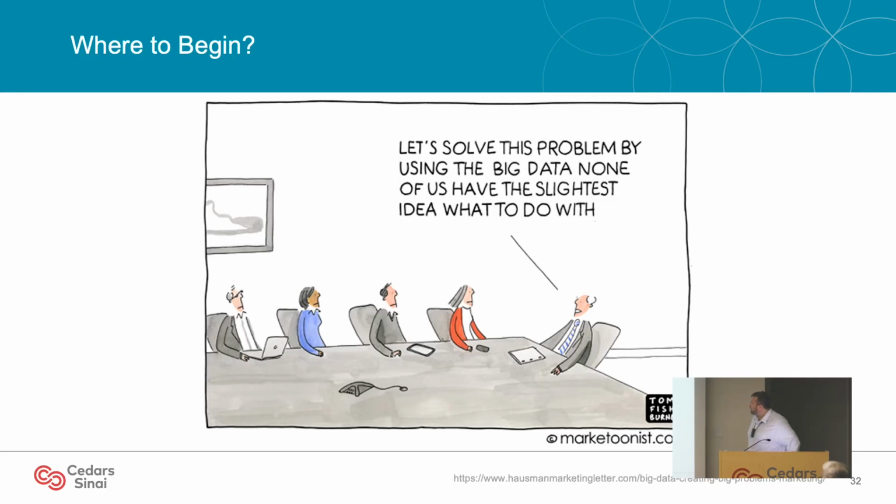Where to begin? Let's solve this problem by using the big data none of us have the slightest idea what to do with. Don't worry, we all feel this way at one time or another. When I'm handed a new data set, I often feel this way. And it's okay to not understand what to do. The important thing is to take the time to understand your problem, reach out for help.